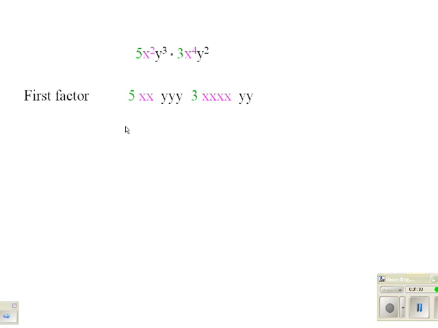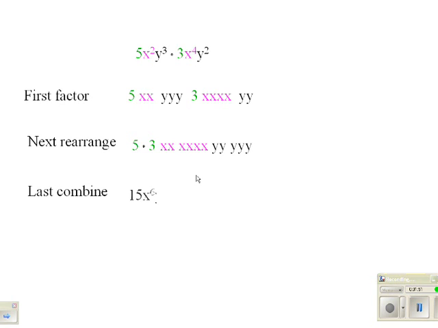times. And then, based on the commutative property for multiplication that says that 5 times x is the same as x times 5, we can switch terms back and forth and pull all the numbers out front and put the letters together in alphabetical order to clearly see how to put these two terms back together again.